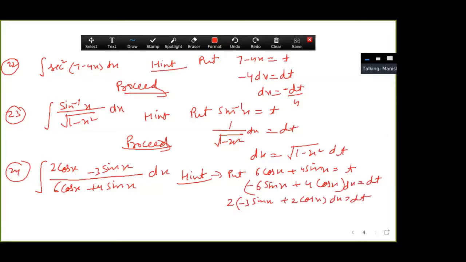Now you can see here the numerator is the same. So dx is equal to dt upon 2 into, rearranging, (2 cos x minus 3 sin x). Now you can do the question. Proceed with the question. Now question number 25.